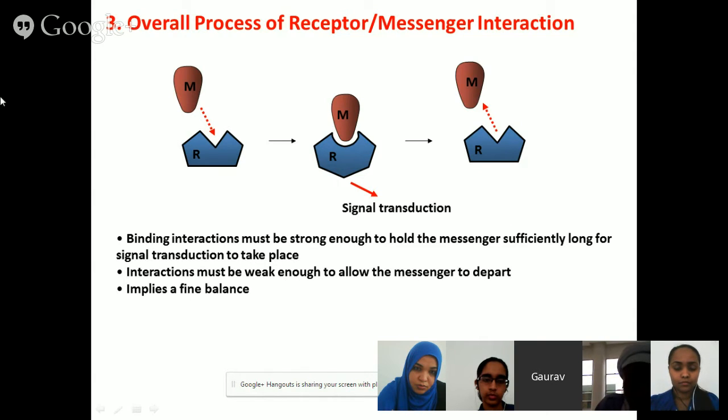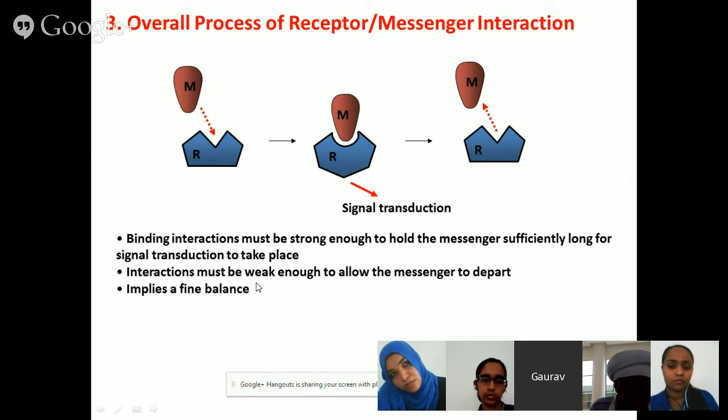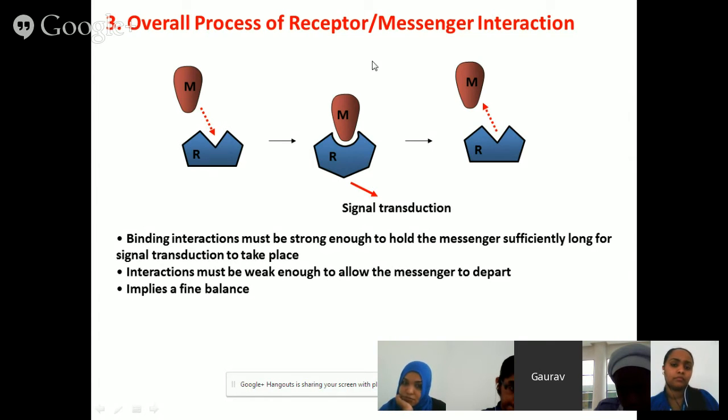Next, the interaction between the messenger and the receptor should also be weak enough so that after passing their signal, the messenger can depart. So the interaction should be in a fine balance. These are the major properties of receptor messenger interactions.